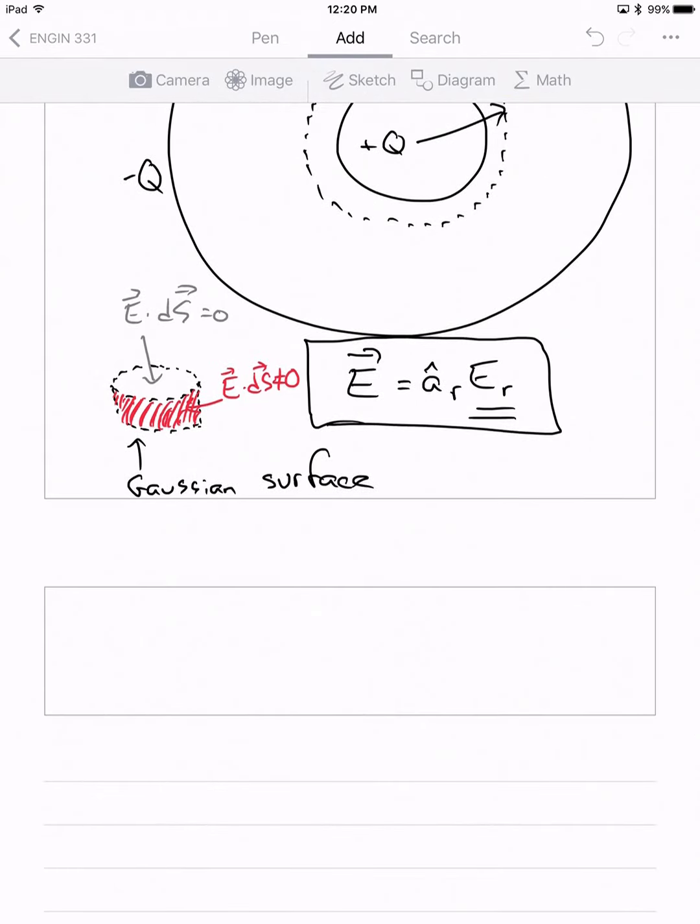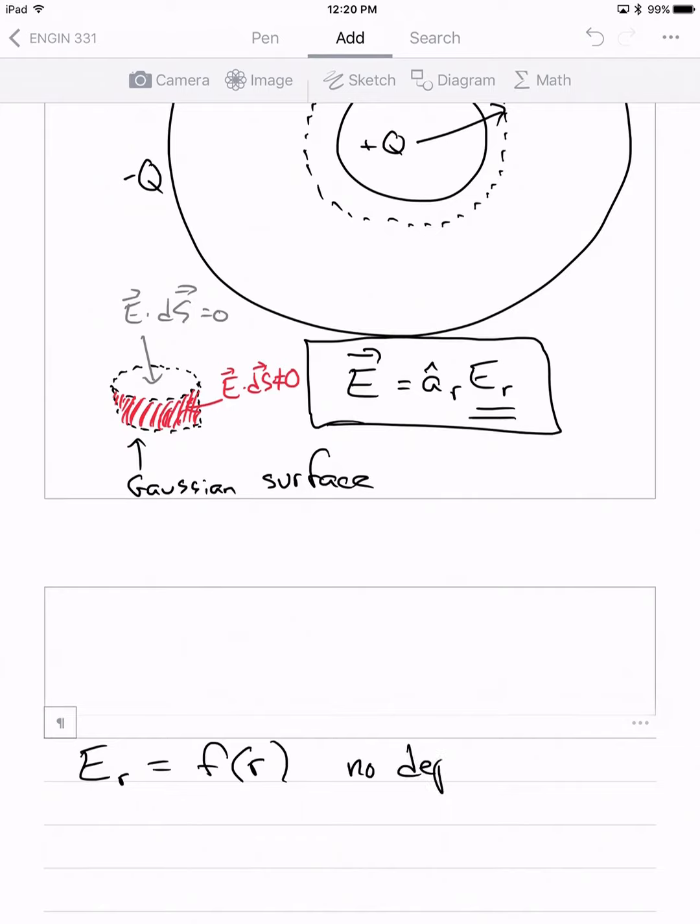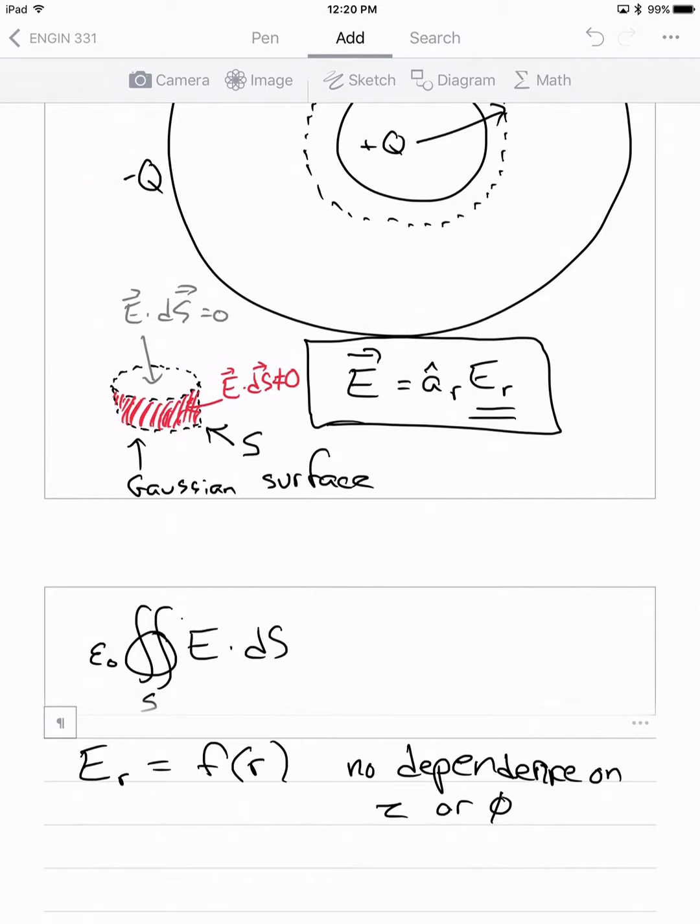With that in mind, we can also say that, again, because of symmetry, E sub r is only a function of r. It's not going to depend on z or on phi. So putting that into our Gaussian integral, we have epsilon naught times the closed surface integral on this surface that we've defined right here, E dot ds.